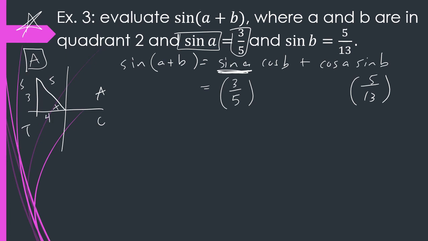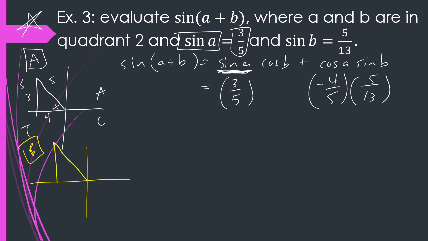So from there, I can now calculate cos A. 4 over 5, and since it's in the sine quadrant, negative. Negative 4 over 5. Now let's do it again, but for the B. So this is the B triangle, or B angle. There's our little related acute angle.